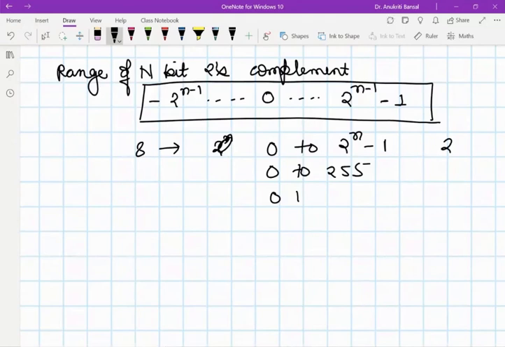I can have 0 to 128 here and minus 127 here, or the other way round.